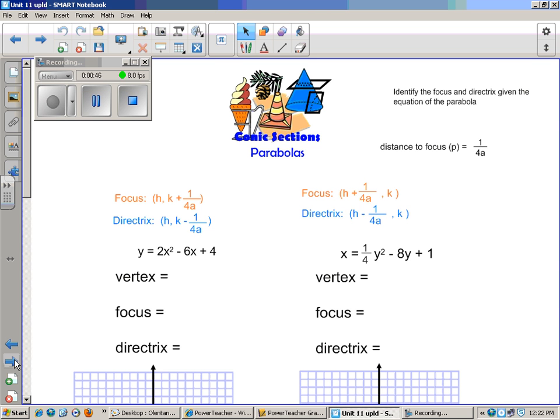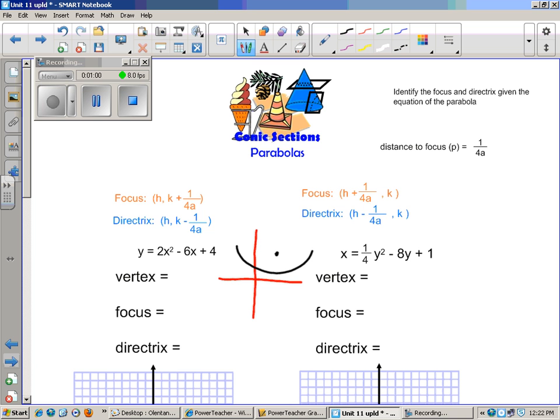Okay? So if you think about it, on a coordinate plane, we have a parabola. So the focus would be up here, and the directrix would be down here, right? Because they'd be the exact same distance from the parabola, right?